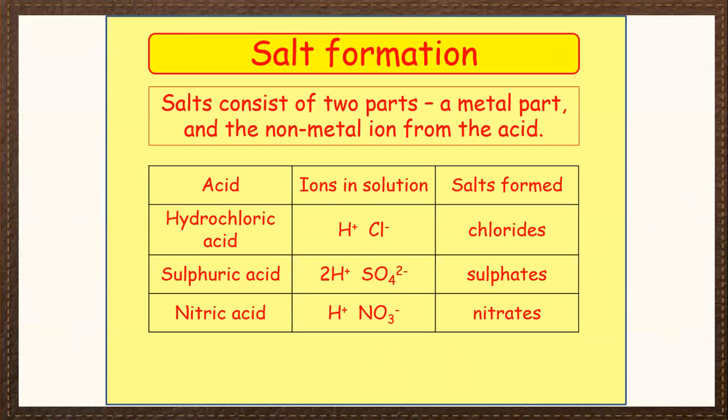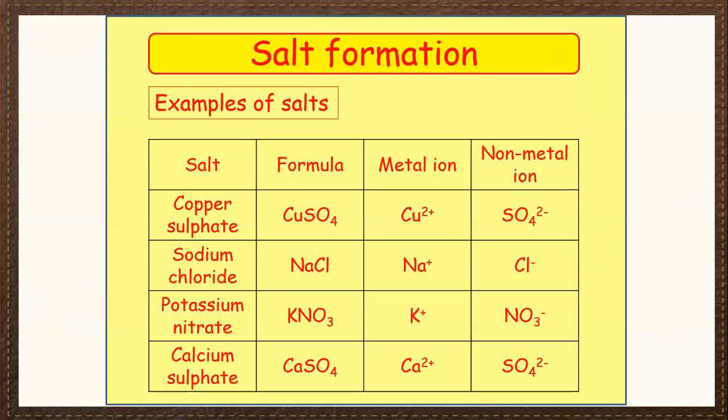Sulfuric acid, ions in solution H+ ions and sulfate ions. Salts formed are sulfates. Nitric acid, ions in solution H+ and NO3- nitrate ions, and salts formed are nitrates. Example salts: copper sulfate, CuSO4, metal ion Cu2+, non-metal ion SO4 2-.